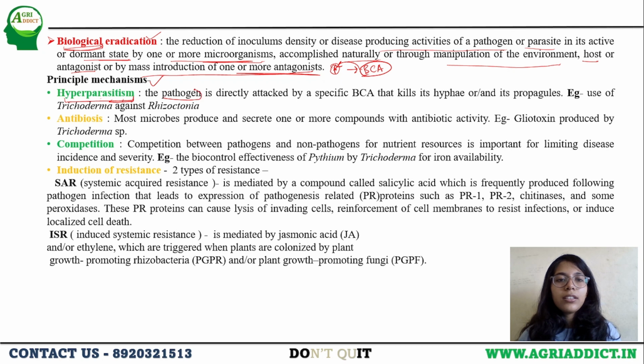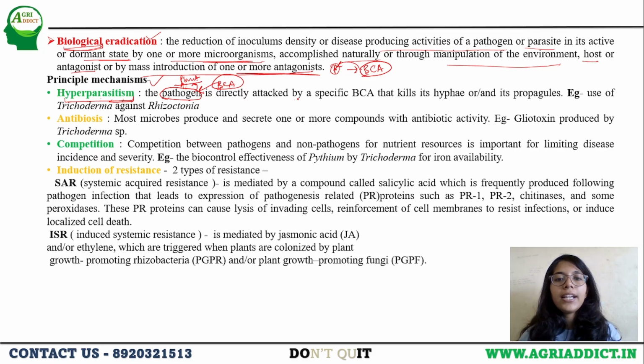We know that this pathogen is already a parasite of the plant, right? Pathogen is a parasite of the plant. It can't live freely. It needs the host to obtain its nutrition. And the biocontrol agent parasitizes this pathogen. So this mechanism is known as hyperparasitism.